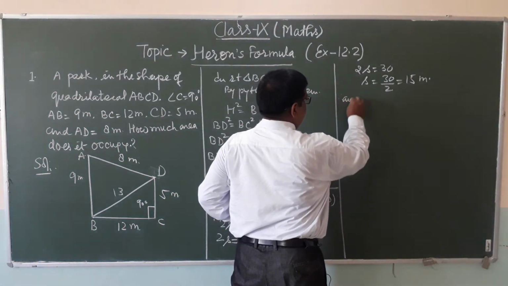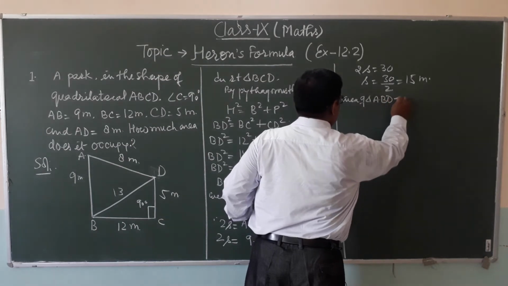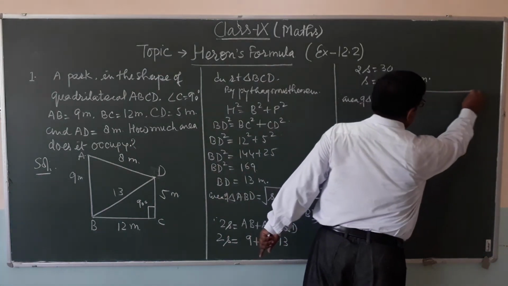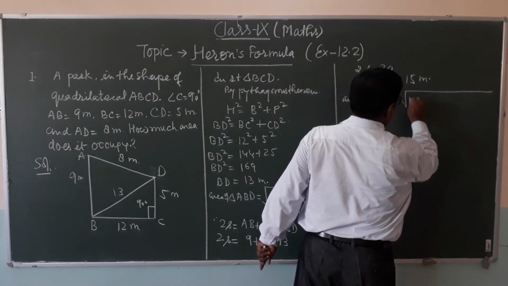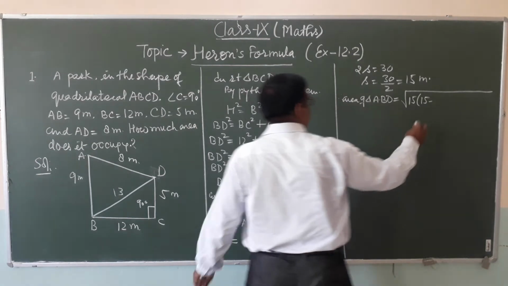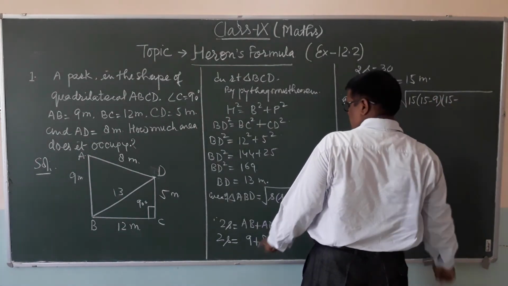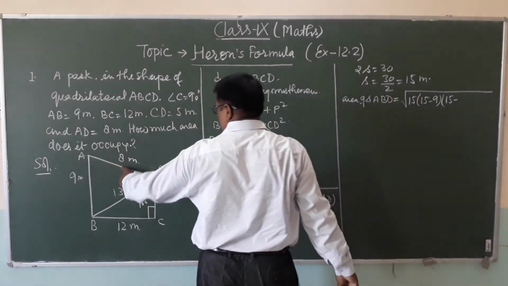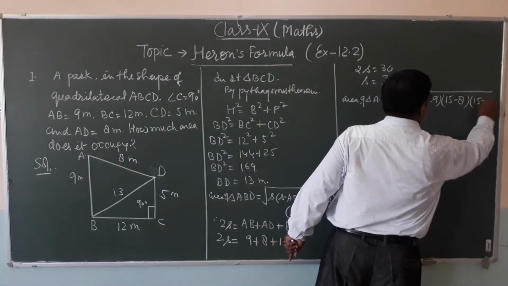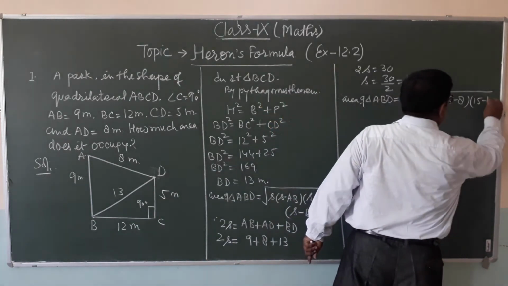So area of triangle ABD is equal to square root of S, that is 15, S minus AB which is 9, again 15 minus AD which is 8, and 15 minus BD which is 13.